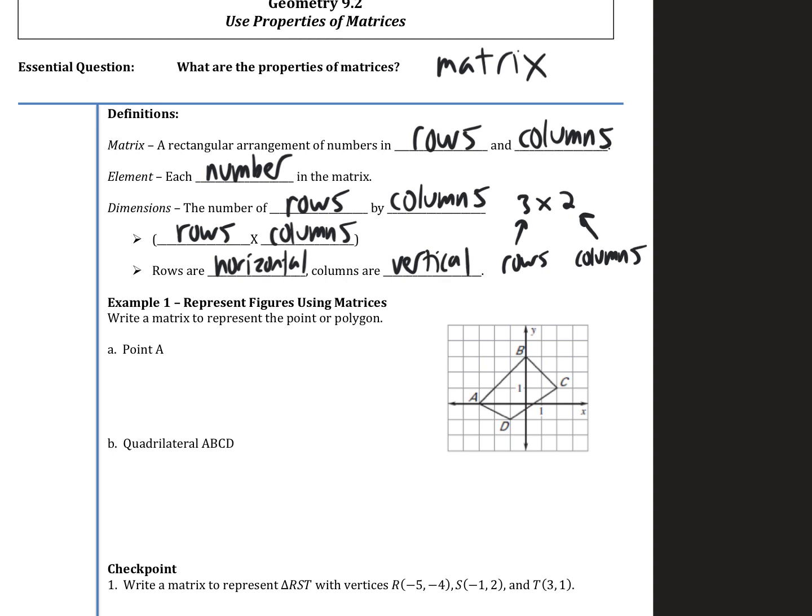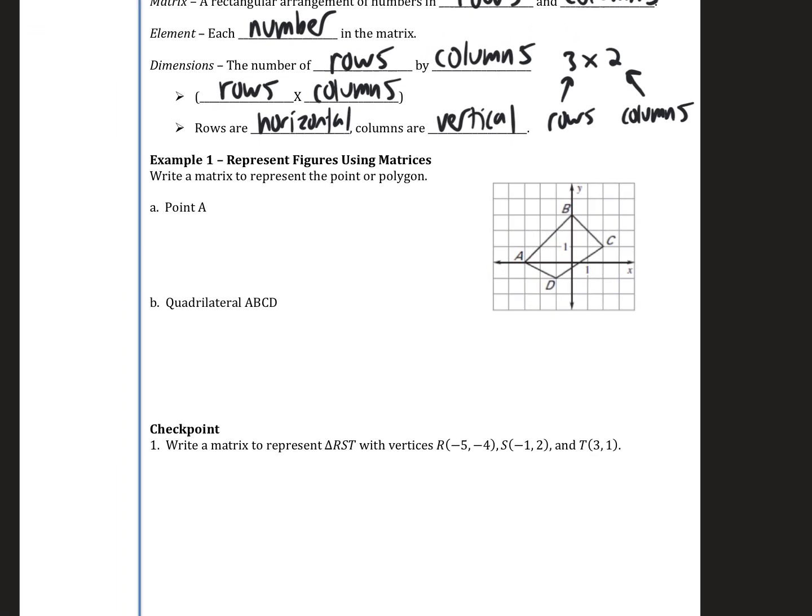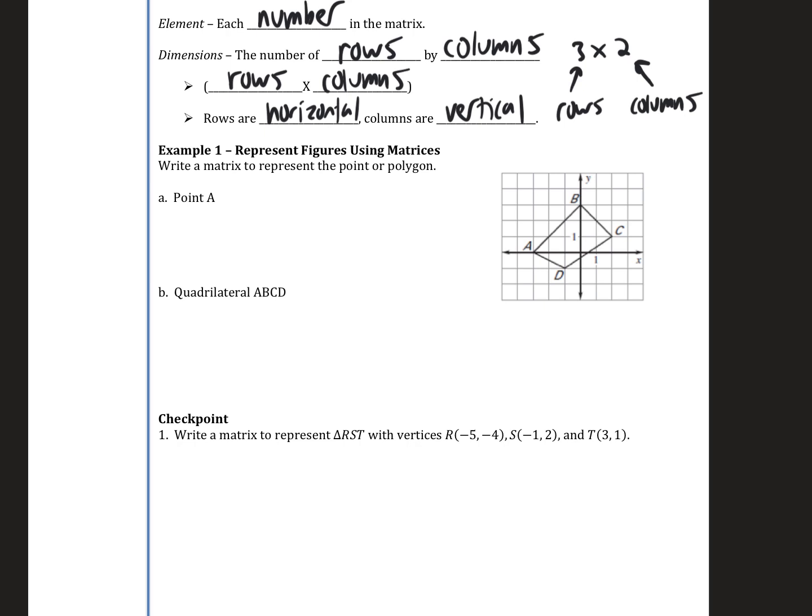All right. So, example 1, we're going to write a matrix for a point or polygon. Let's talk about point A here. What are the coordinates of point A? The coordinates of point A should be -3, 0. When we're writing a matrix for point A, we're going to use square brackets, and put A on top.